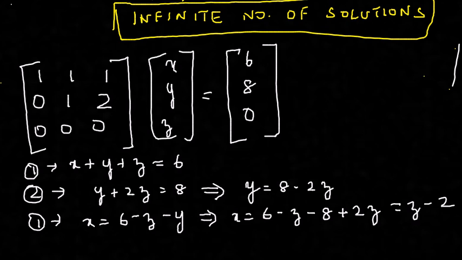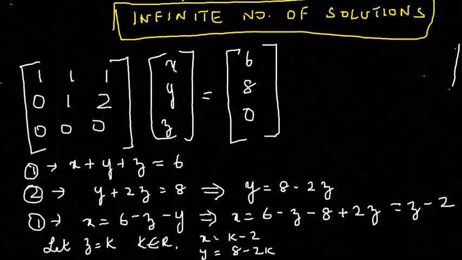So if I say let z equal to k, where k is a real number, I can say x is equal to k minus 2 and y is equal to 8 minus 2k.